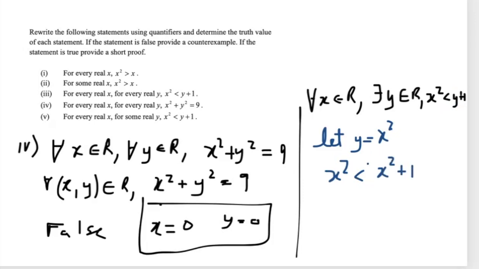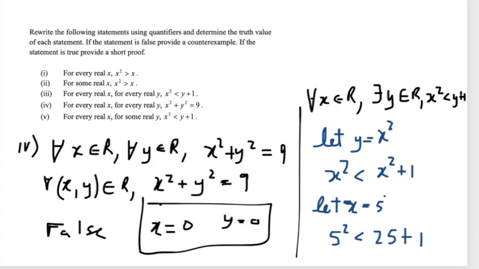So in this case, because I let y be x squared, no matter what x is, it's always going to be greater by 1. In other words, if I let x equal 5, then I'll have 5 squared here, which is 25. But over here, because I said let y equal x squared, it's going to be 25 plus 1 on this side.